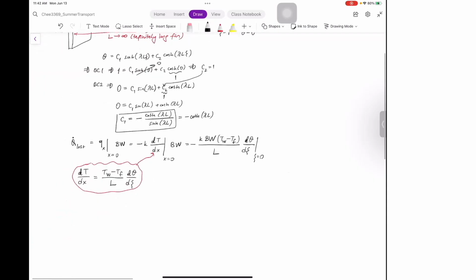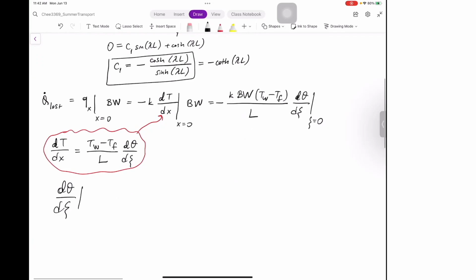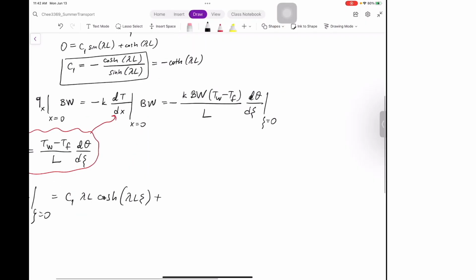And let's write it here. D theta over d psi when psi is equal to 0 is C1 lambda L cosine hyperbolic lambda L psi plus C2 lambda L sine hyperbolic lambda L psi.